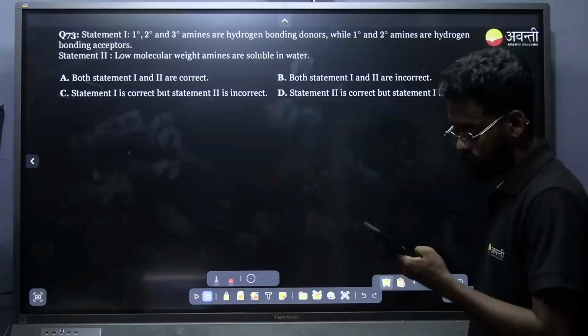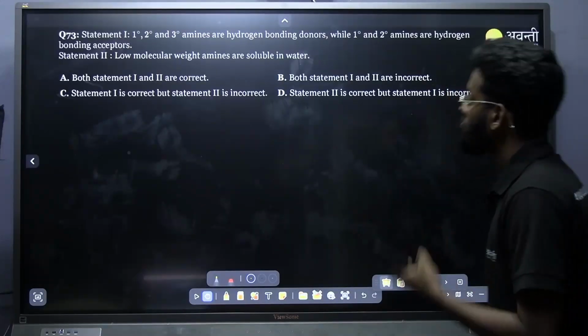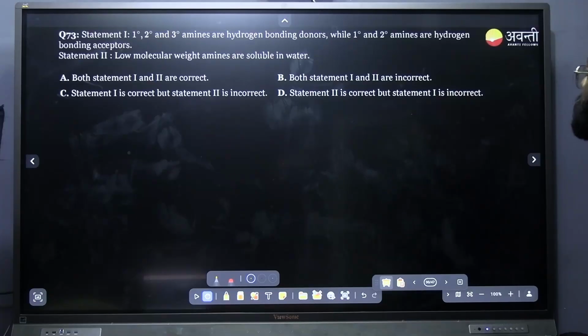Statement 1, 2 and 3. Hydrogen bonding donors and hydrogen bonding acceptors.